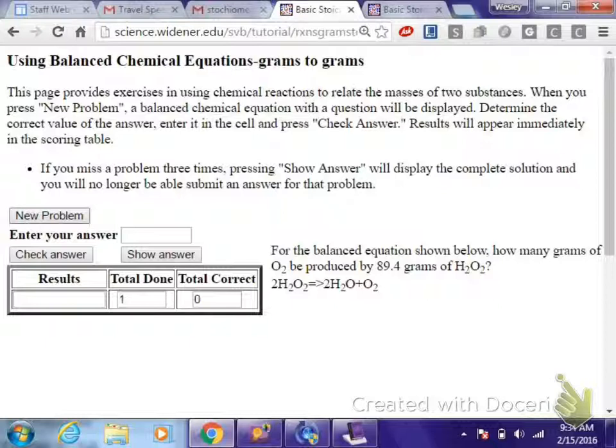So 177A on page 890 and 195D. Problem 195D on page 891. Okay? Do those 2 problems. 177A. 195D on 891.